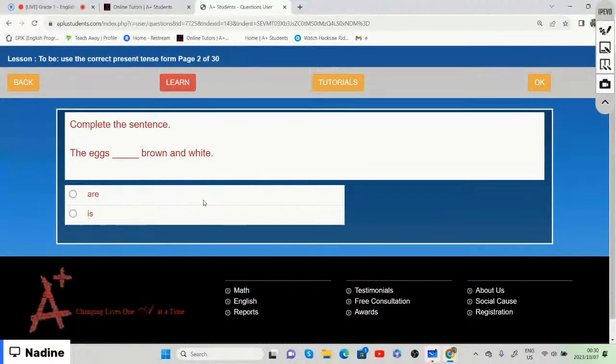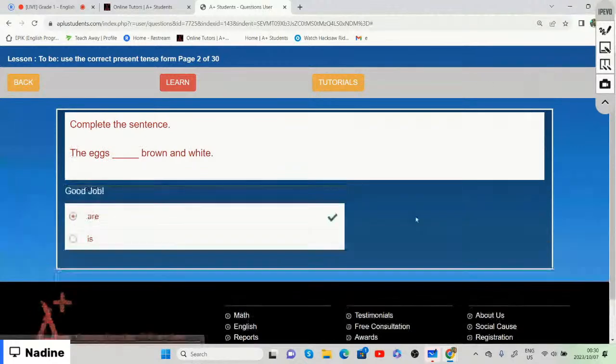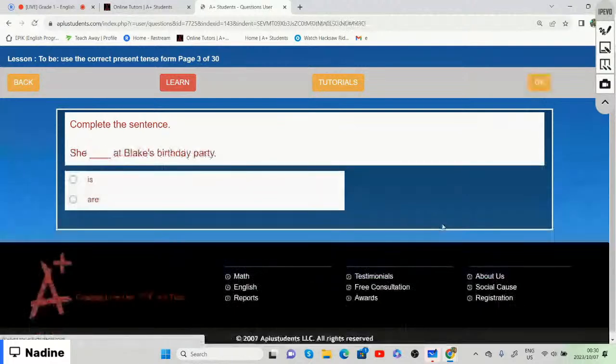The eggs are brown and white, or the eggs is brown and white. And if we choose the correct one, we will say the eggs are brown and white, because it is more than one thing. So are is correct. So well done.